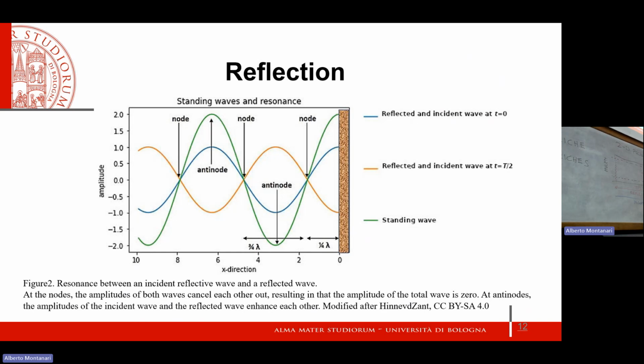You have changes along the vertical direction, which you don't see here, and along the longitudinal direction, this direction. You see that the water level changes in the longitudinal direction, so basically in that direction in the figure. And of course you have changes along the vertical, because along the vertical you have changes of the water level, but you don't have any change in this direction. So this is a simplification.